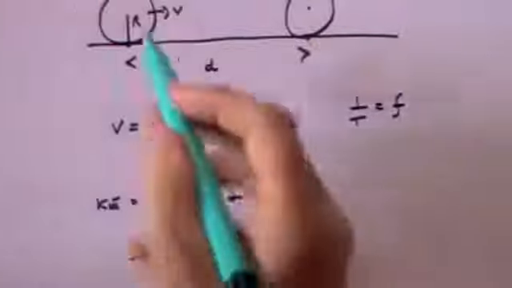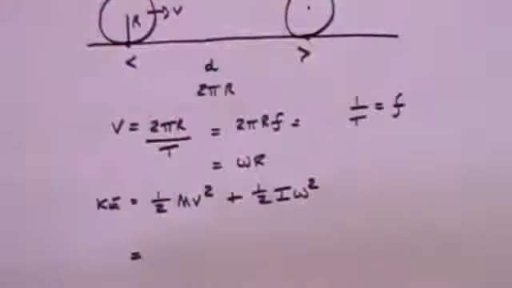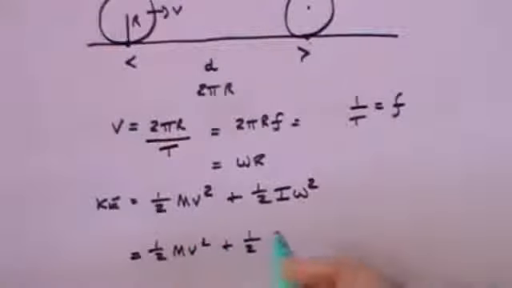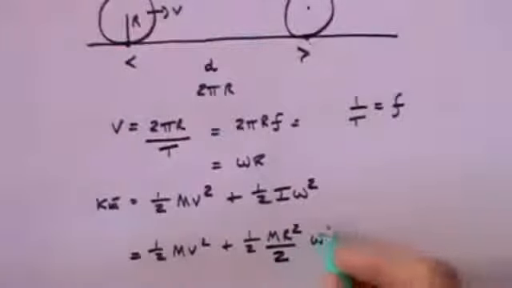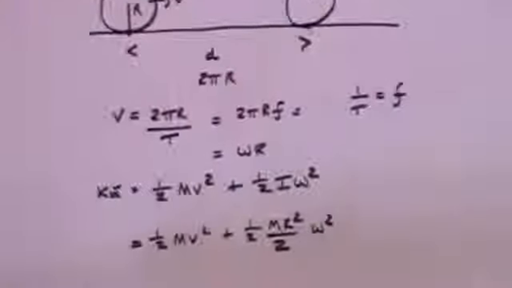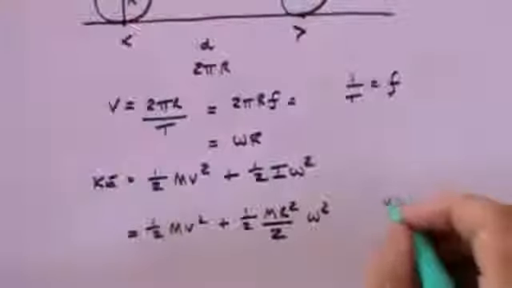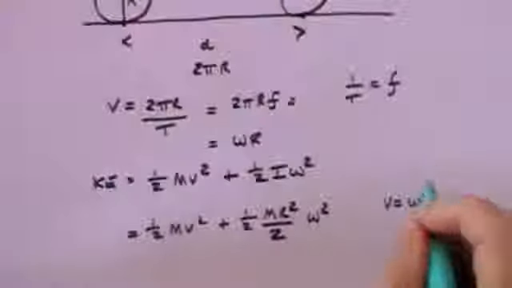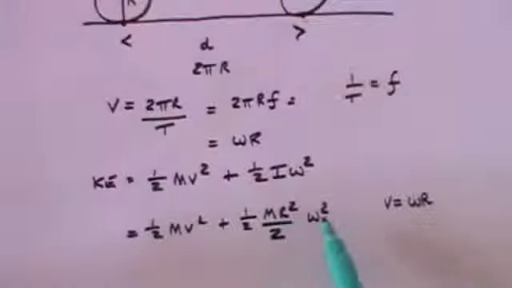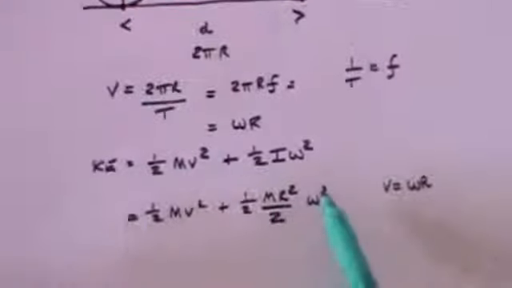And for a wheel, which we can think of as a disc, that will be a half mv squared plus a half. Now the moment of inertia for a disc is mr squared over 2, we showed that just a little while ago, times omega squared. But since v equals omega r, r squared omega squared is simply v squared.